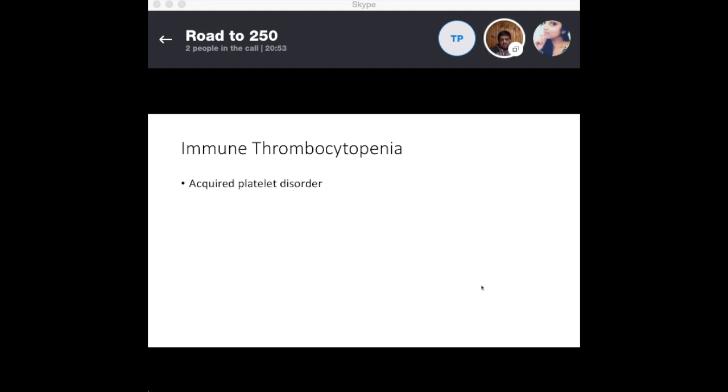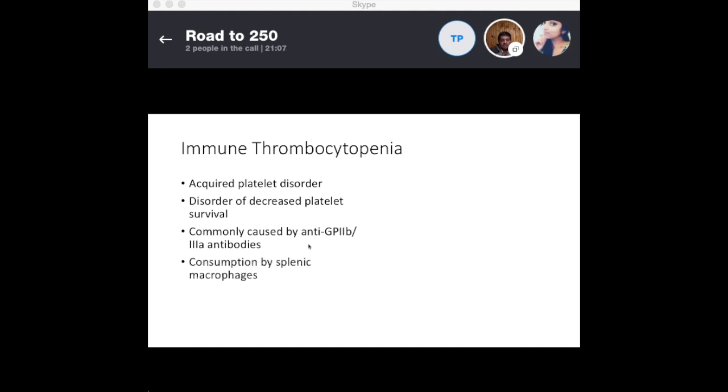So immune thrombocytopenia is basically an acquired platelet disorder. Somehow they have decreased platelet survival, and commonly it's because they have anti-GP2B3A antibodies, and because they have these anti-GP2B3A antibodies, the platelets are basically consumed by the splenic macrophages.